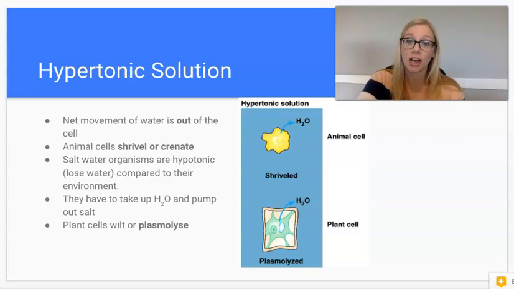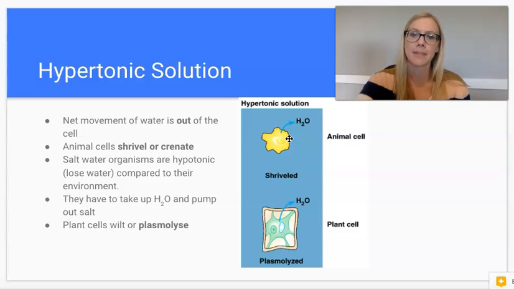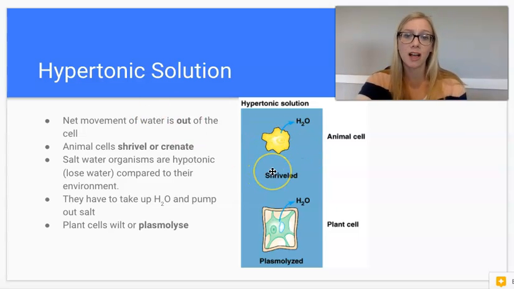A hypertonic solution is where the net movement of water will be out of the cell. So that means water is going to move out of your cell because your cell is hypotonic compared to its solution, and we know that water will flow from the hypo, right? Okay, so in an animal cell, oftentimes this will cause the cell to shrivel or crenate, kind of like crinkle up, if you will.